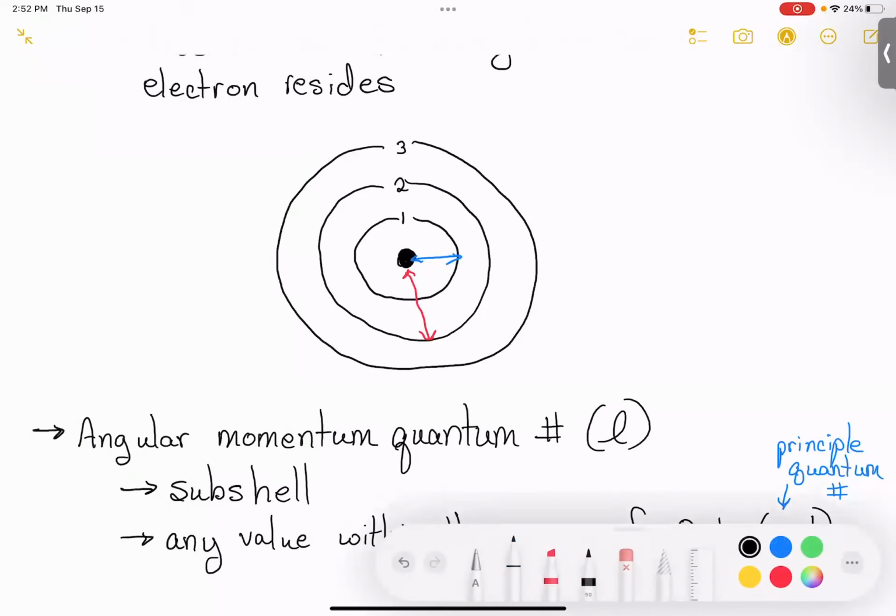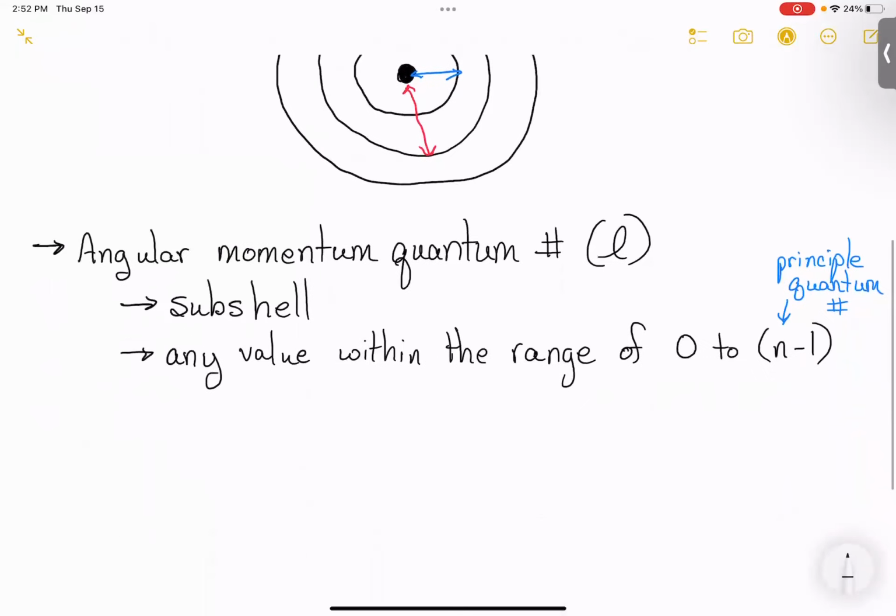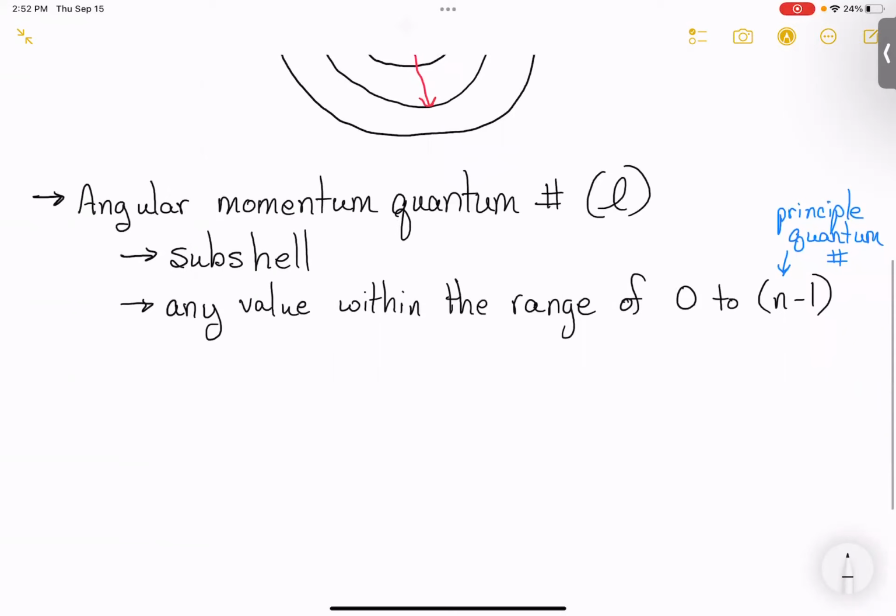Now, something to make note of, because it is important, especially when we move between quantum numbers and electron configurations.